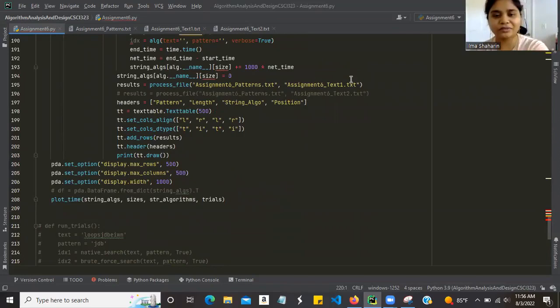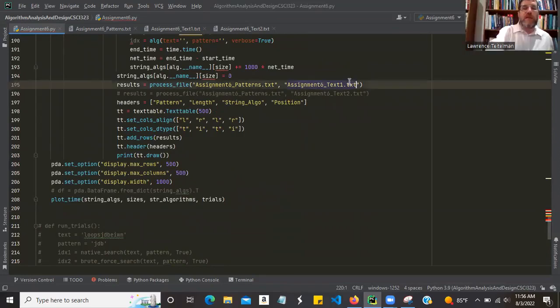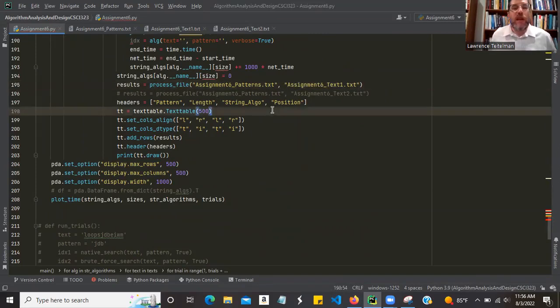In your data, when I'm looking at the results, and let's say you found a pattern, let's say it was free. Well, free in which file? Free in text 1 or in text 2? So that should probably be one of your headers also, to identify which file it is.